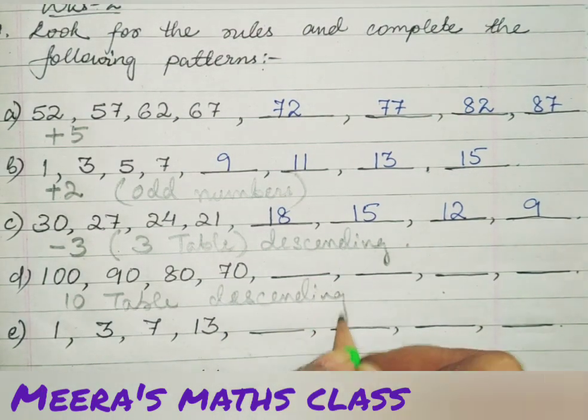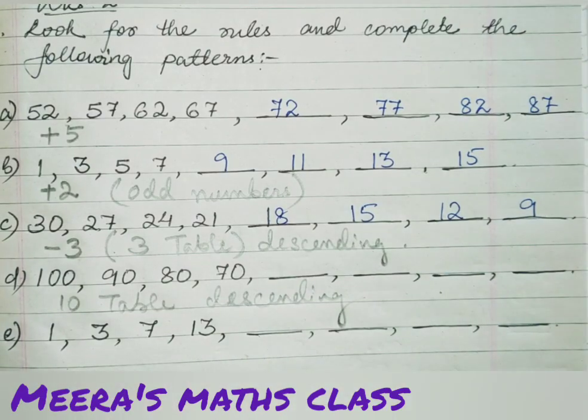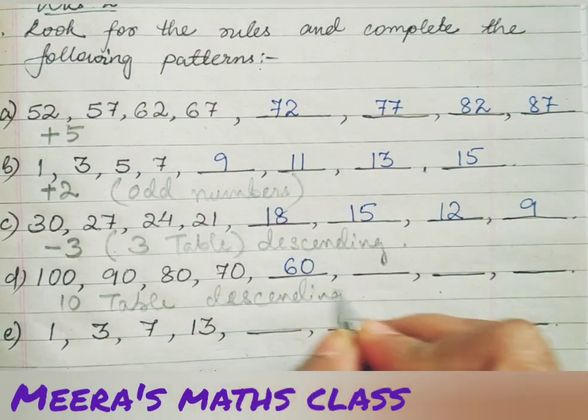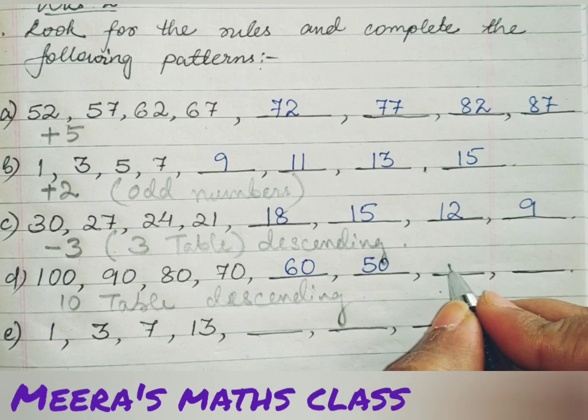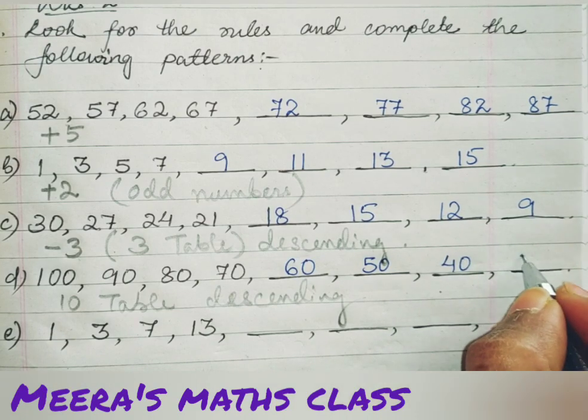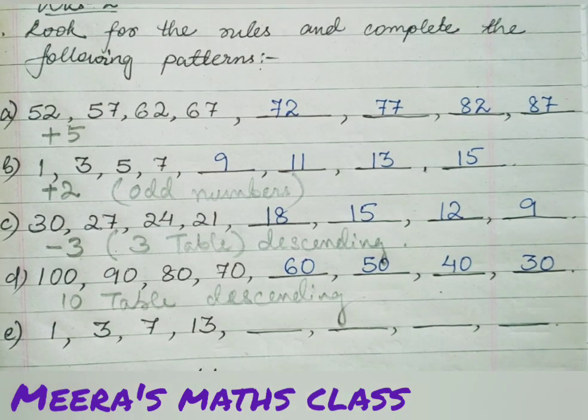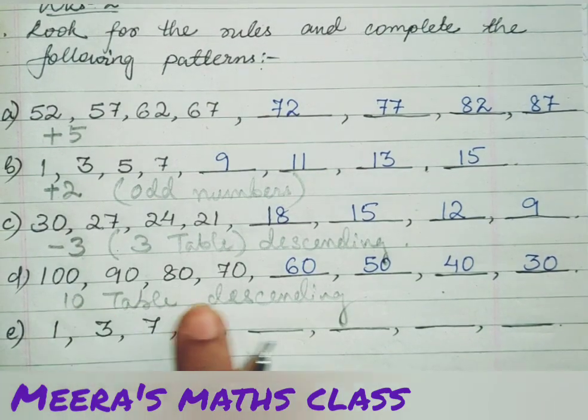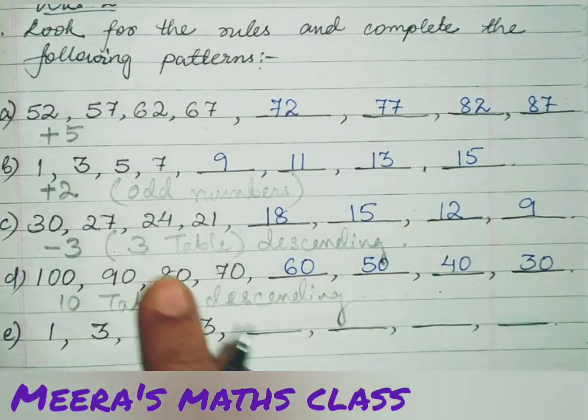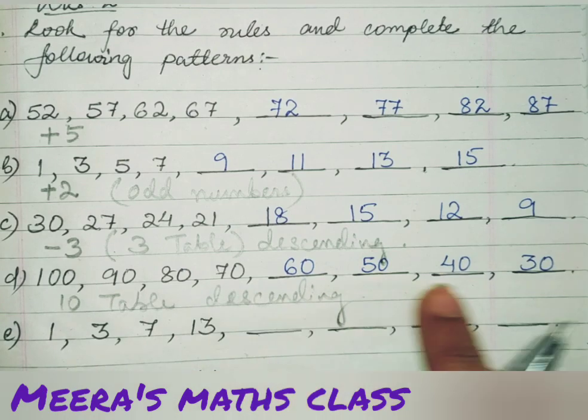So it will be 60, 50, 40, 30. Okay. So this is the pattern followed, the 10 table in descending order.